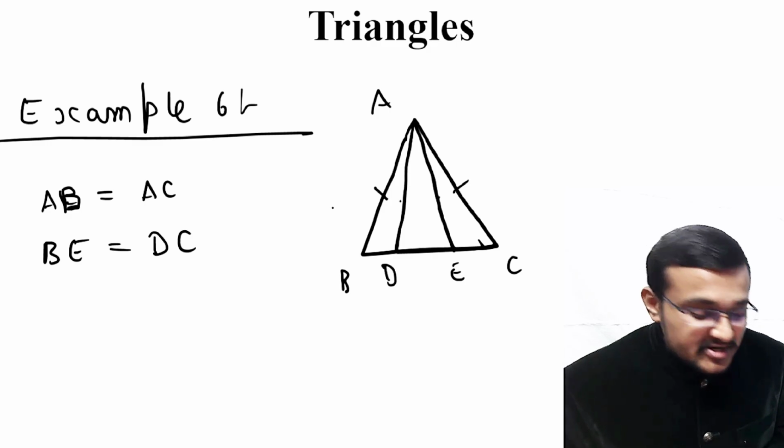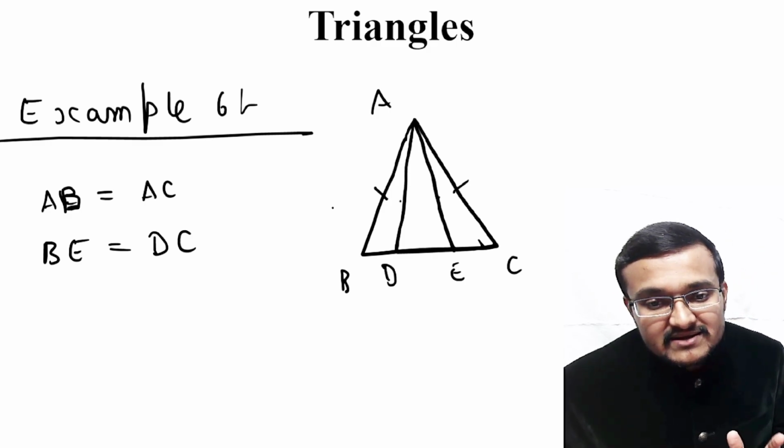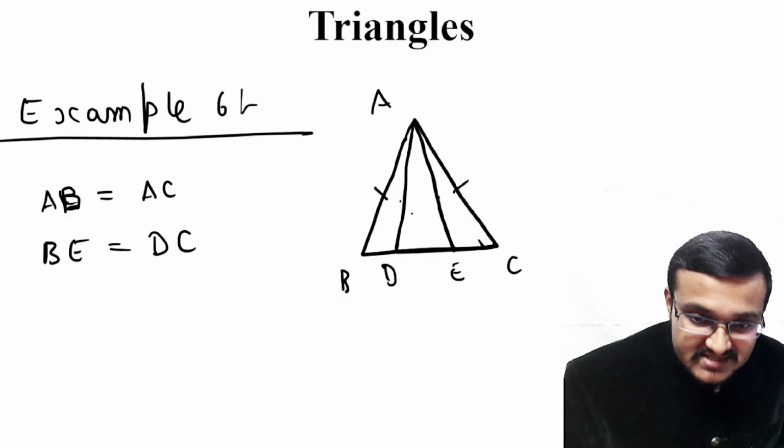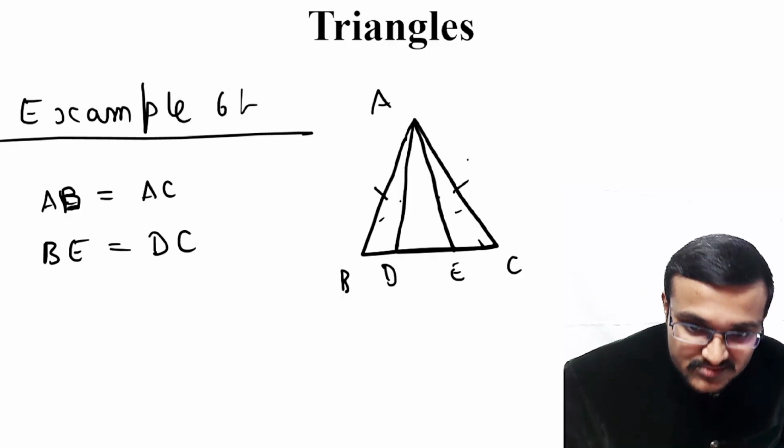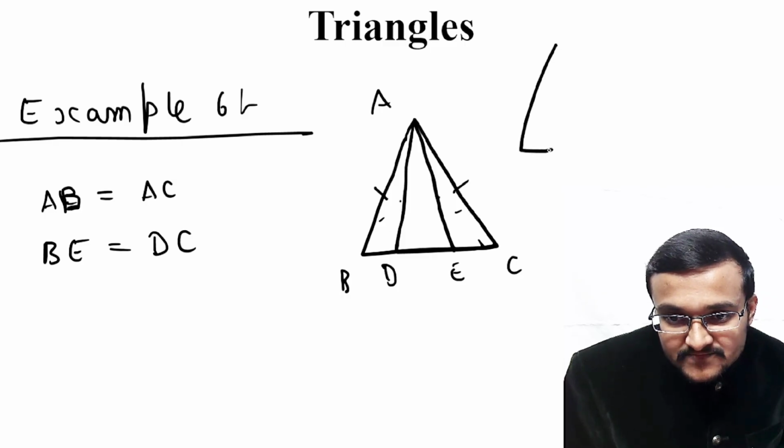Based on this data, we will consider triangle ABD and ACE, that is this particular triangle and this particular triangle. We'll draw that triangle like this.